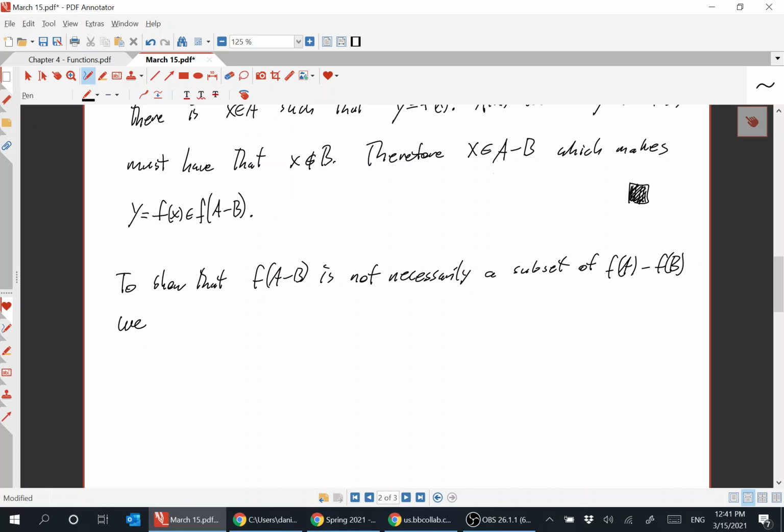It could be the fact that it is a subset, but it doesn't have to be. So when something might be true, but isn't always true, you don't say it is not a subset of, because it could be. You say it's not necessarily a subset of. So when something is not always true.